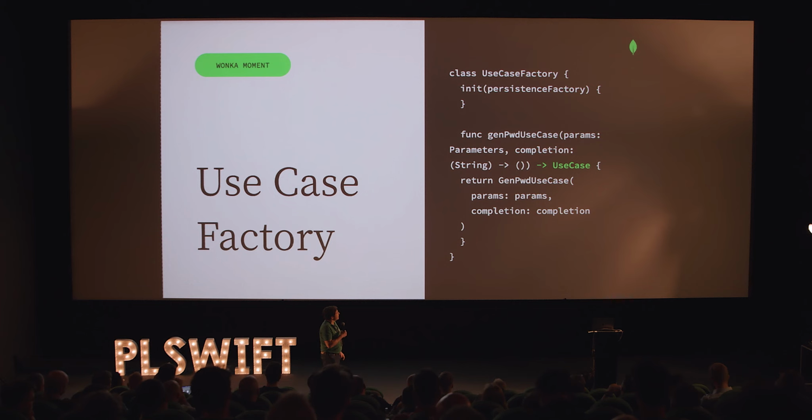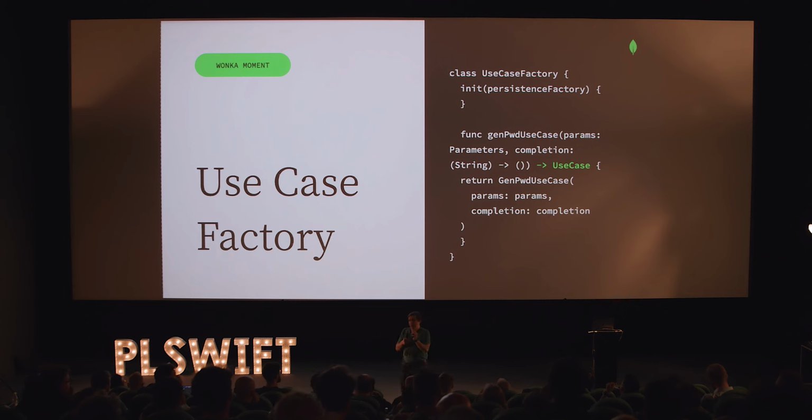And not only that, you can now have a factory which will provide you with all the use cases. The factory is very simple. It's just a single class. It has a method for each of the things that you want to generate, and those things can be generated in place. So for this generate password use case, you will get an object that implements use case. You couldn't care less about the actual object.